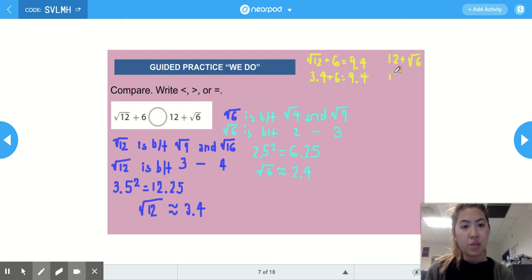The square root of 6 we estimated was around 2.4, so we have 12 plus 2.4, which is around 14.4. So now we're comparing 9.4 and 14.4. 9.4 is less than 14.4, so we're going to put the less than symbol in between the two expressions.